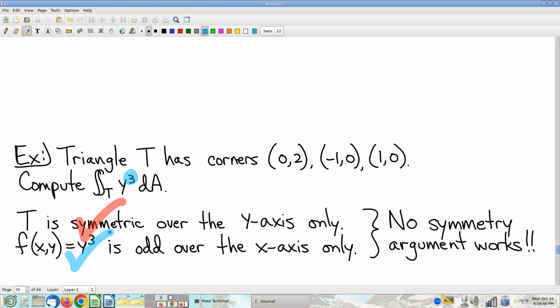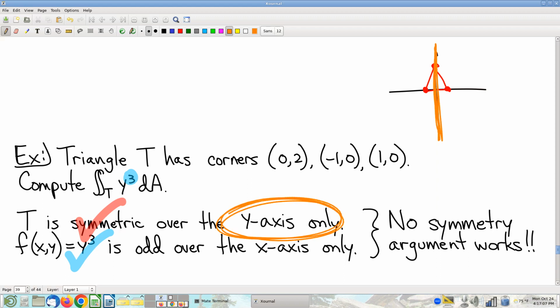Critically, if you draw this domain, and let's do that real quick, the domain looks like this. And the only line of symmetry is the y-axis. But the oddness of the integrand only works if you replace y with negative y.